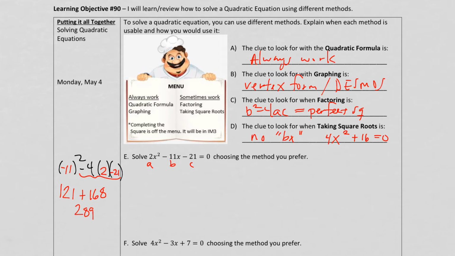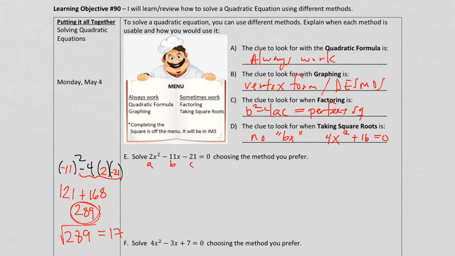Now at this point, this is my discriminant. So with the calculator, you can actually find the square root, and you want to see if this will be a perfect square, if this will come out as an integer. So if I do that, I get 17. So that means that in this example, the discriminant's a perfect square, so I know that this is going to be factorable.